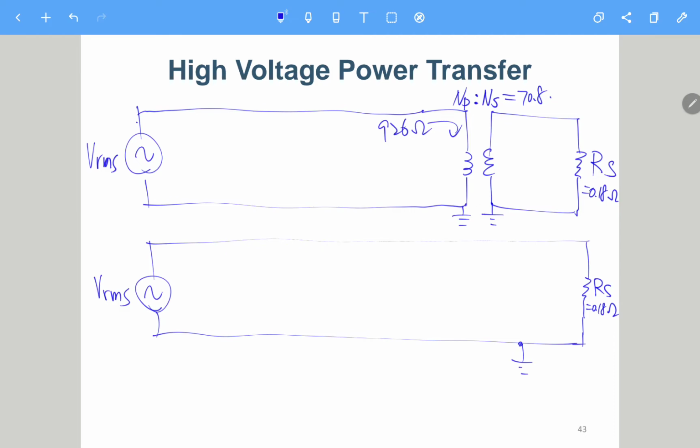The problem is that, just say the generator is far away from your home. Actually, this one is near your home. We have a transformer near your home. This part is near your home rather than that one.